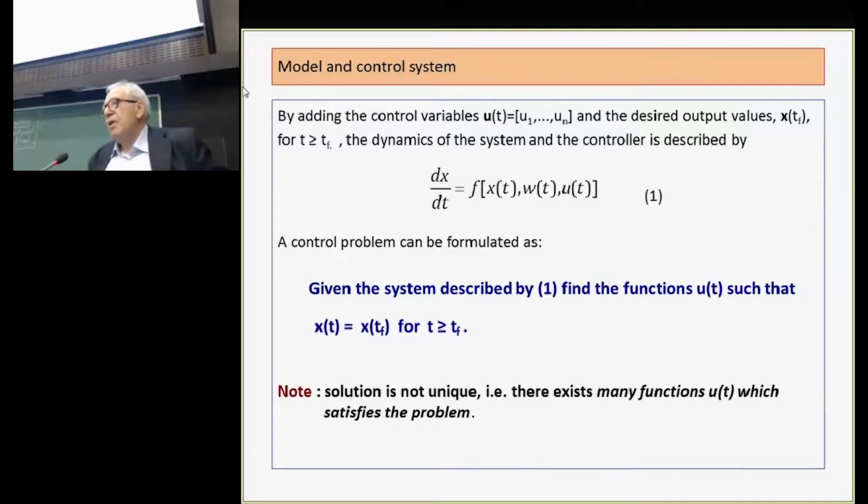However, this problem does not have a unique solution, and this is very simple to understand. I mean, we don't need mathematics for that, but experience. If I want to say, okay, how should I push my engine to go from one point to the other in a fixed time, I can decide to go fast first and then slow down.